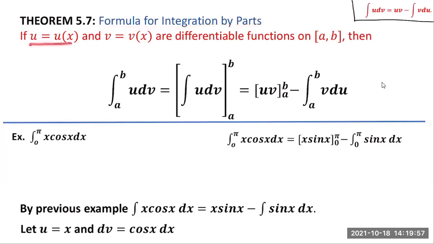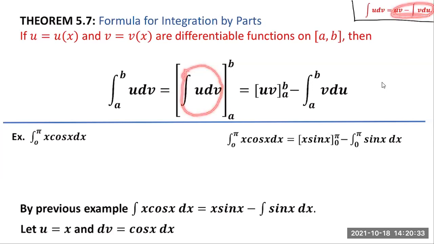If u is equal to u of x and v is equal to v of x are differentiable functions on [a, b], then the definite integral from a to b of u dv is equal to, you apply the limit over here, a to b. Basically, you take the integration of u dv, and then you apply the x limits. And we know that this is equal to this by the integration by parts formula.